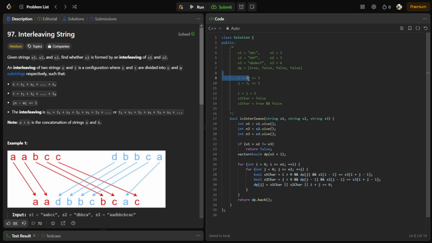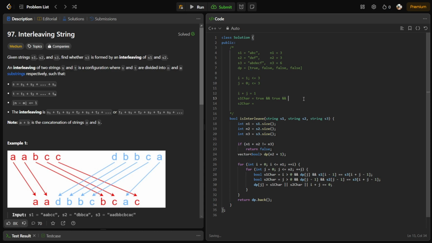i will increment now to 1. j will be back to 0. This is now 1. And now we do this. Now we can take a look at char 1 as well. So i more than 0, this is true. dp[j], j is 0, so this is true.